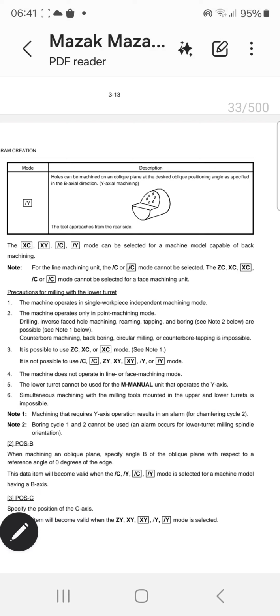See note 2 below as possible. See note 1 below. Counterbore machine, back boring, circular milling, and counterbore tapping are impossible.